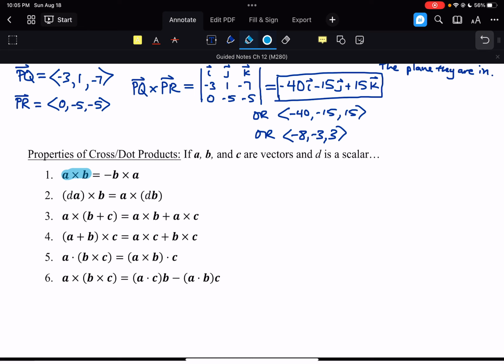B cross A. Group this together: the opposite of B cross A. So if you want to switch the order, A cross B is not equal to B cross A, generally speaking. You're going to have to negate it in order to make them equal.